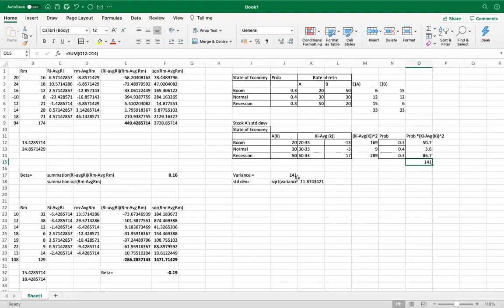That was my variance. Its square root gives me the standard deviation. Are you following? This is for stock A.